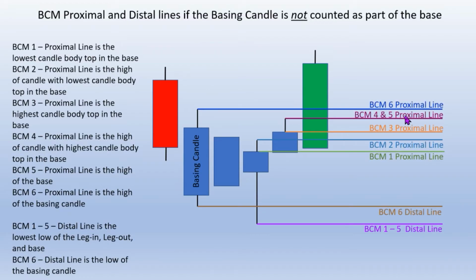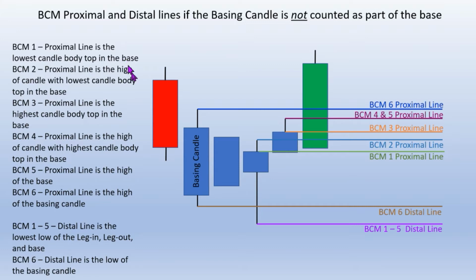So let's walk through what happens if the basing candle is not included as part of the base. In this case, we are focusing on just these 1, 2, 3 base candles and ignoring the basing candle. For base creation method 1, the proximal line is the lowest candle body top in the base.